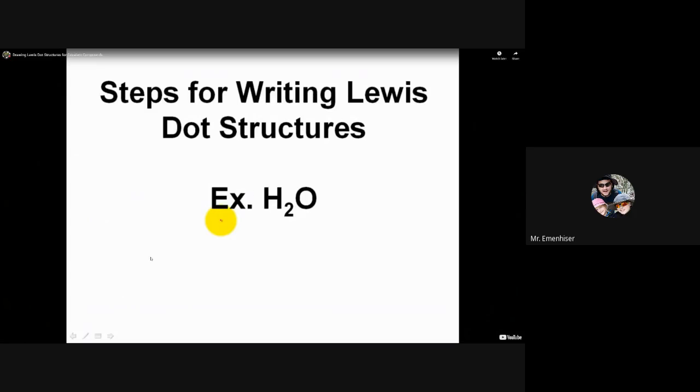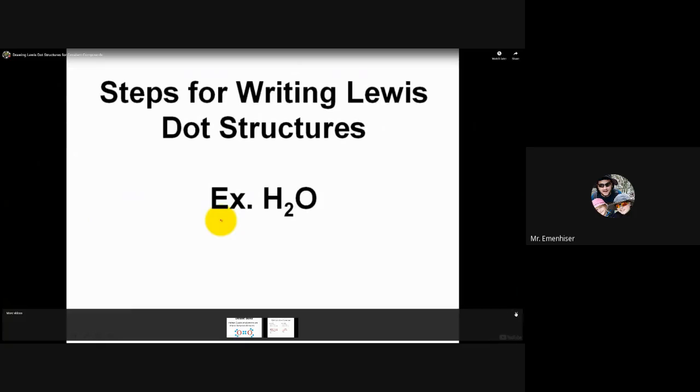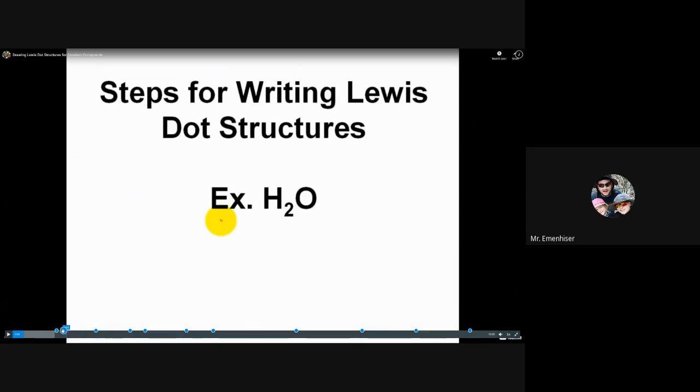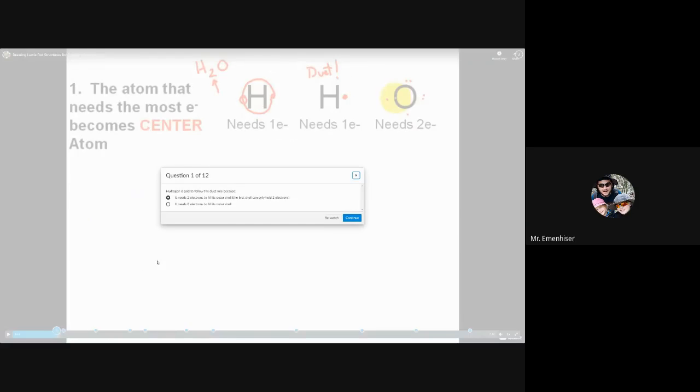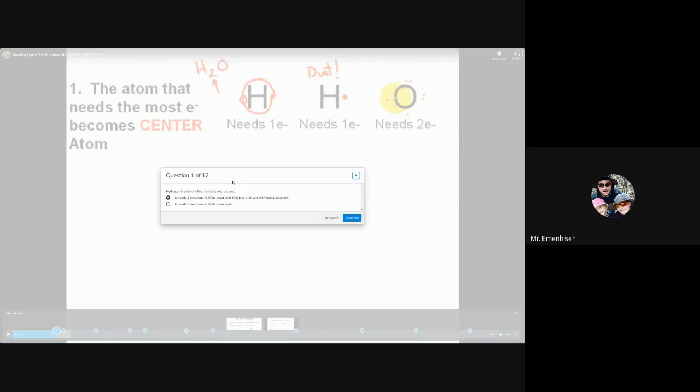All right, and so what I need you to do is click play, and then you get this toolbar by going down to the bottom. So if you go up, it'll disappear. But if you go down to the bottom and just move your mouse down there, this toolbar will show up. And so you can hit play, and you can click on the first one, and you can go to the first question. All right, so answer these questions. There's only 12, and I'll answer them in class. I'll put them in the chat.